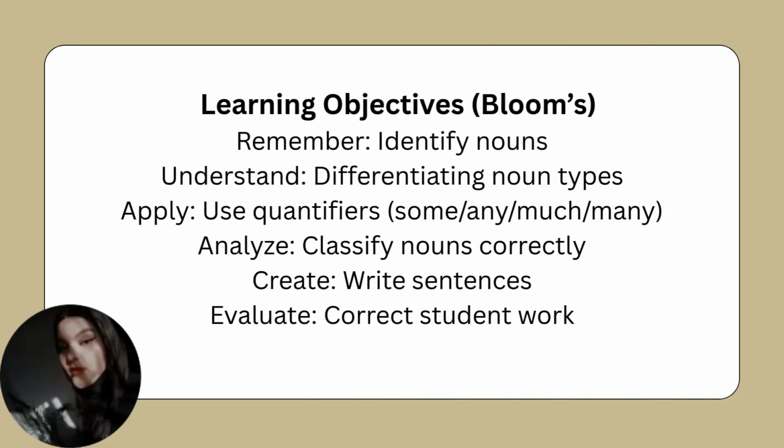So, in the previous slides, we have covered the learning objectives in Bloom's taxonomy: they remember, identifying nouns; they understand, differentiating noun types; they apply, using quantifiers; they analyze, when the students classify nouns correctly; they create, when the students gather in pairs and write two original sentences; and they evaluate, checking that the student work is correct.